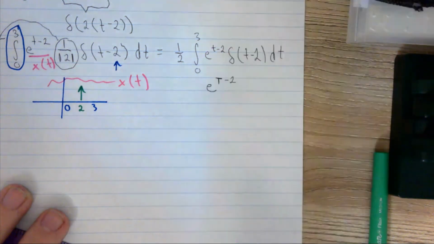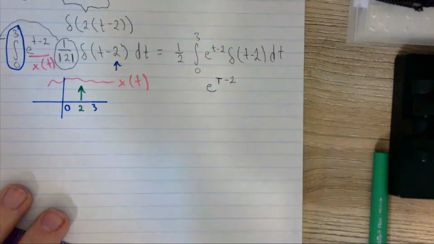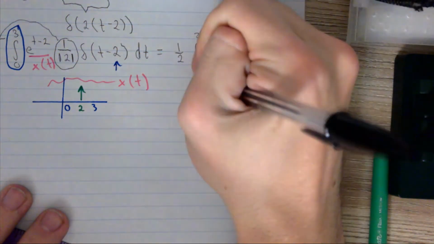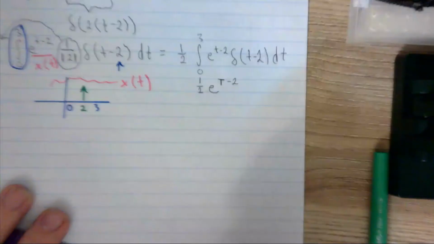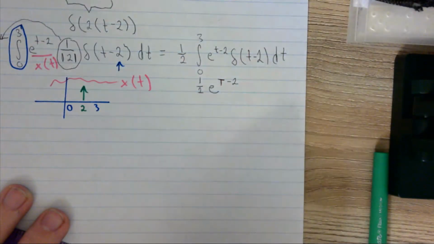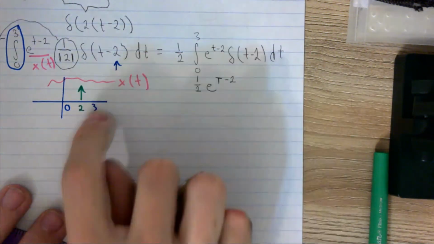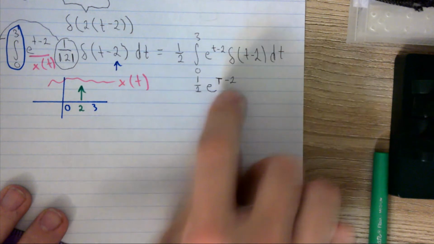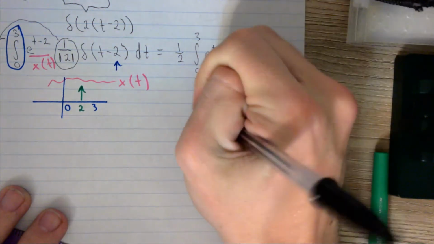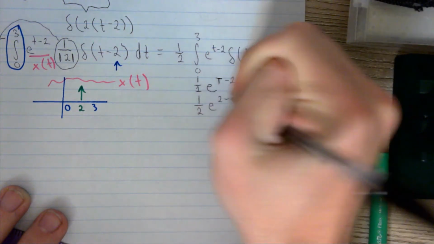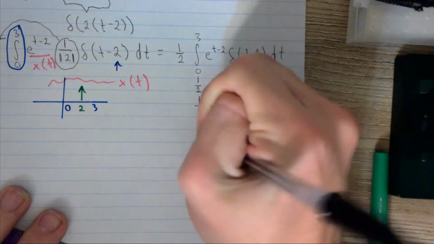We need to find its value, and then 1/2 times that specific value when it does occur. So 1/2 e to the t minus 2. And since this occurs at time 2, we can just substitute that in here. For the other ones, I wasn't substituting in, but here, it'd be 1/2 e to the 0, which is equal to 1/2.